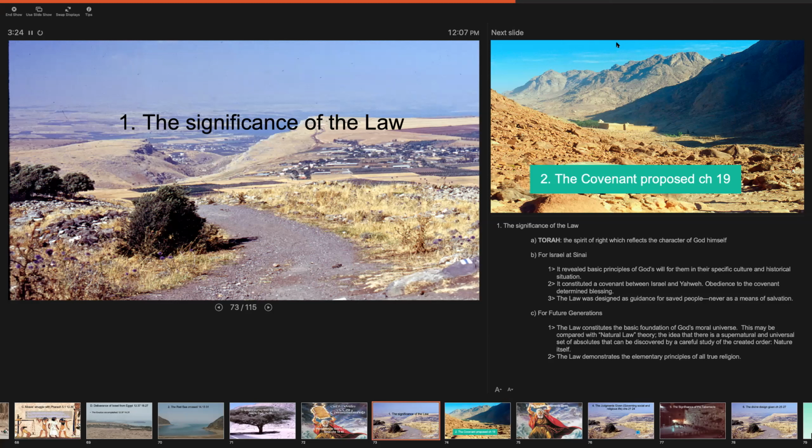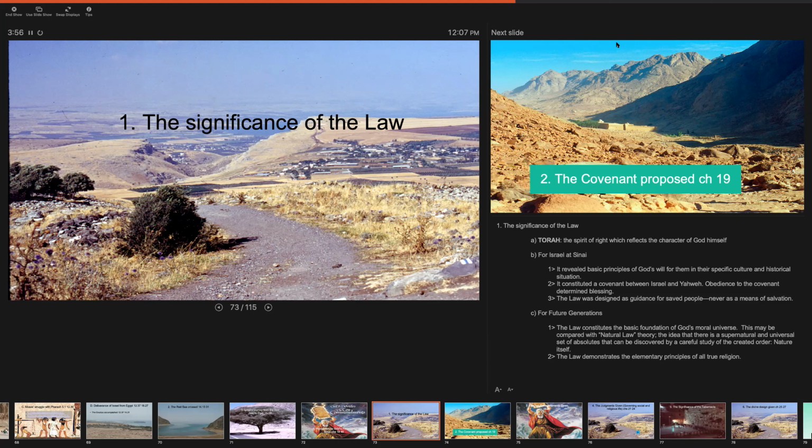Obedience to the covenant did not determine salvation, but rather blessing. To what extent do you want to enjoy your time in the land? To what extent do you want to continue to live in the land and not be driven out of the land? Your obedience to Torah will determine that.